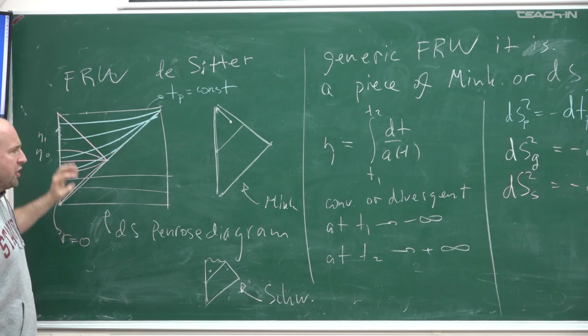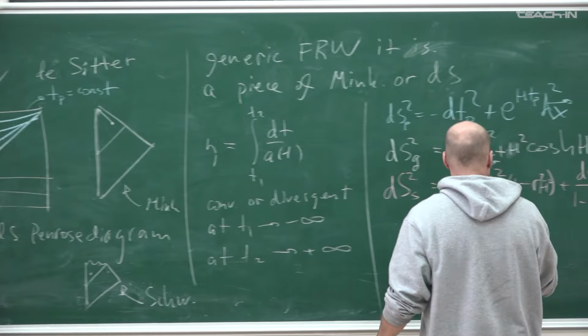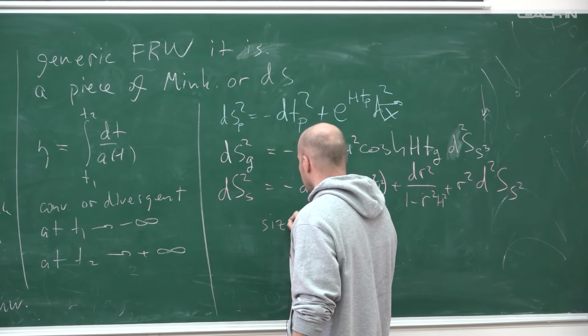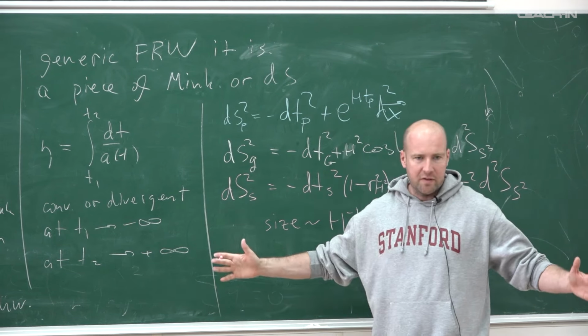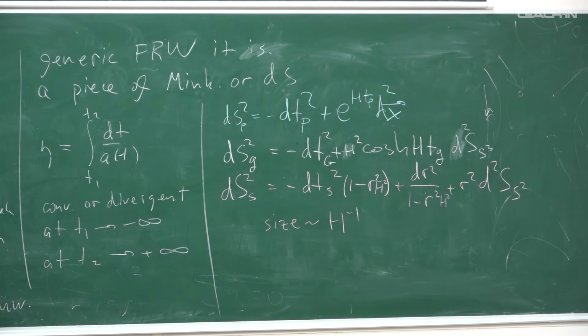So this is a region of a proper size which is of order h minus 1, the inverse Hubble radius. On this Penrose diagram, it doesn't look like it's constant, like it's static. It looks like it's changing.